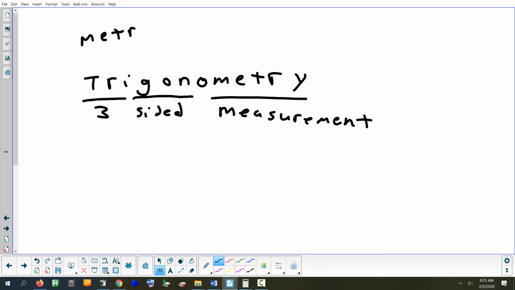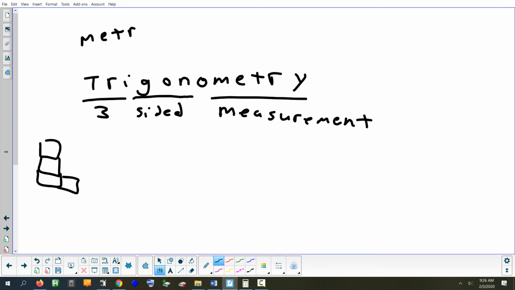Yep? Like tetragon? Tetragon, yes. So if you've ever played Tetris, tetra means 4. That's why in Tetris, all the shapes have 4 blocks. If it was a different prefix, it would be a different number of blocks. Tetra means 4. So tetragon is a 4-sided shape.